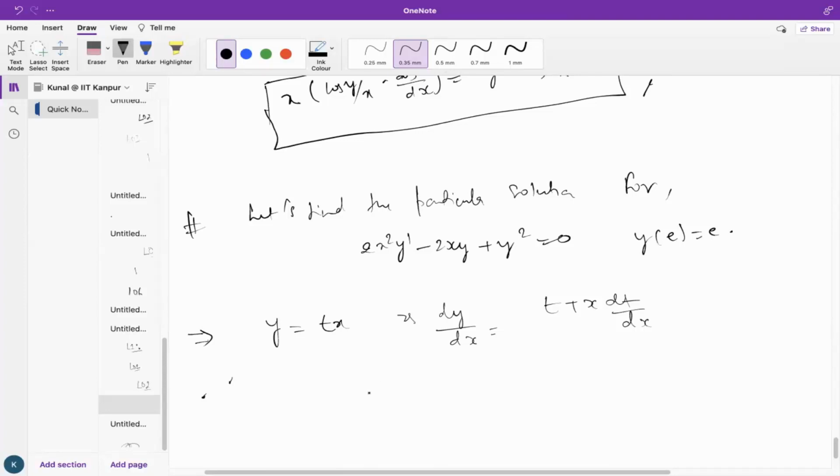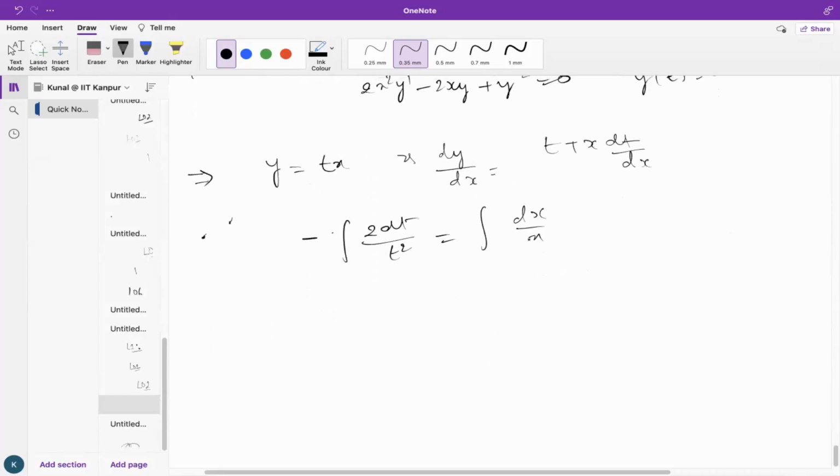So what we will get from here is, first try to rearrange it. We will get minus of 2 dt by t square is equal to integration of dx by x. And now when you integrate this, we all know the integration of 1 by t square is nothing but 2 by t. So we will get 2 by t is equal to ln of x plus some constant.